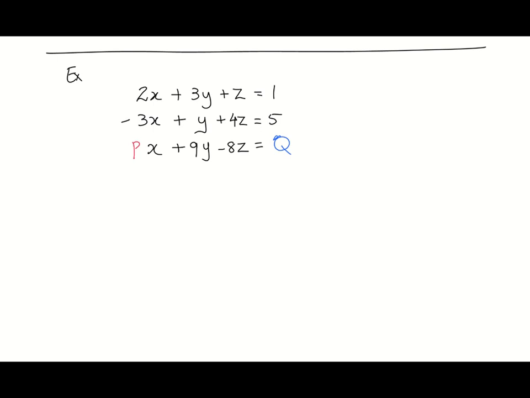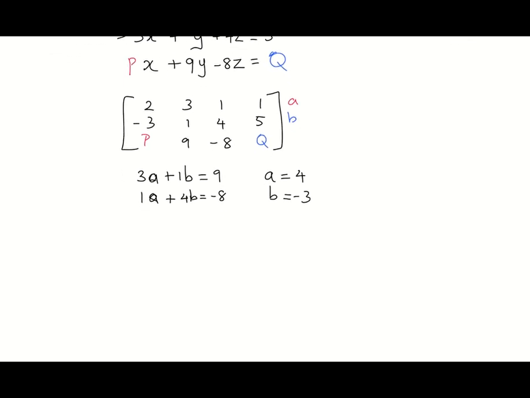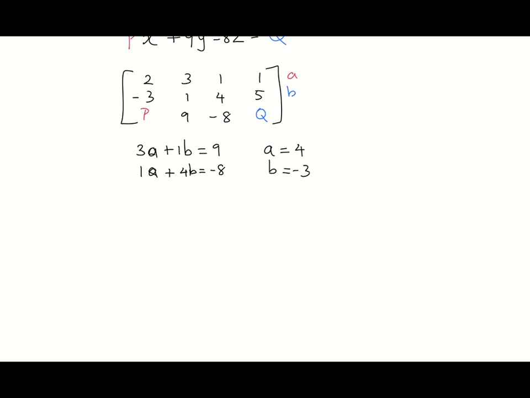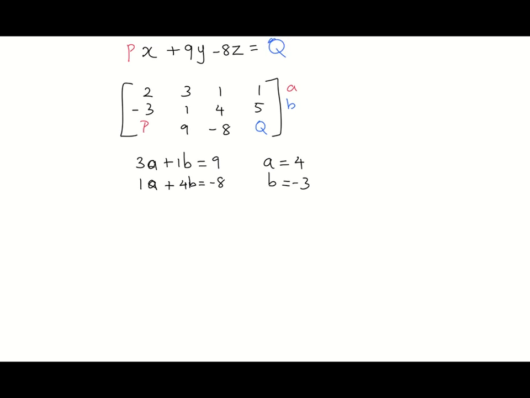The difference between this question in terms of what I meant by infinite solutions, and the other one where it's parallel to the intersection of the two planes. Now, I'm going to solve P and Q first for infinite solutions. For infinite solutions, equation 1 and 2 should add up to equation 3. So my p-value is going to be 2 times A plus negative 3 times B, which should equal p.